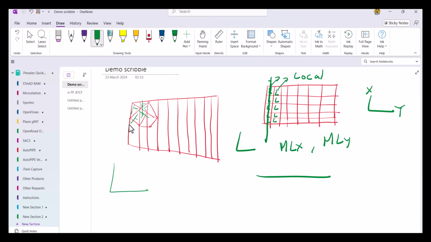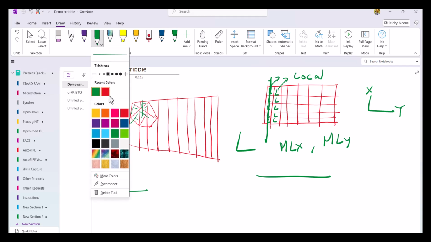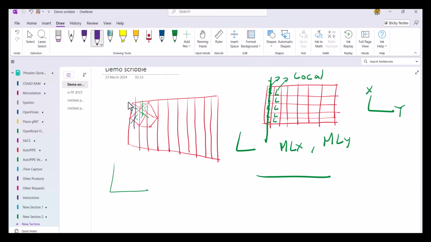So in a nutshell, if I draw in blue color like this, and you want the moment to be calculated about this one, then you need to resolve all those local axis moments about this drawn line. Okay, and then only you can find that about this line you are getting this moment, which is of use.